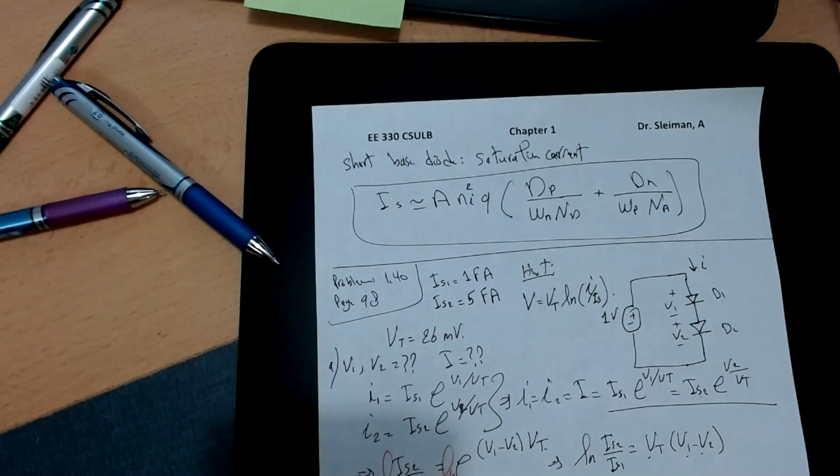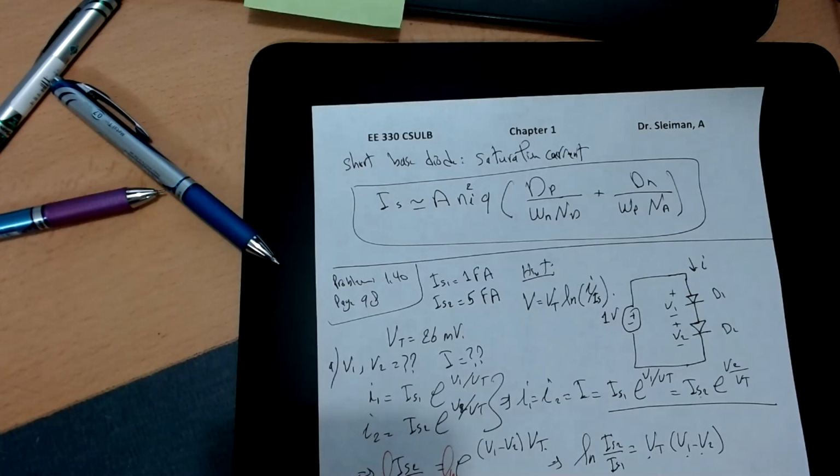So V1 minus V2 is equal to 0.026 ln(5/1), which is in millivolts.